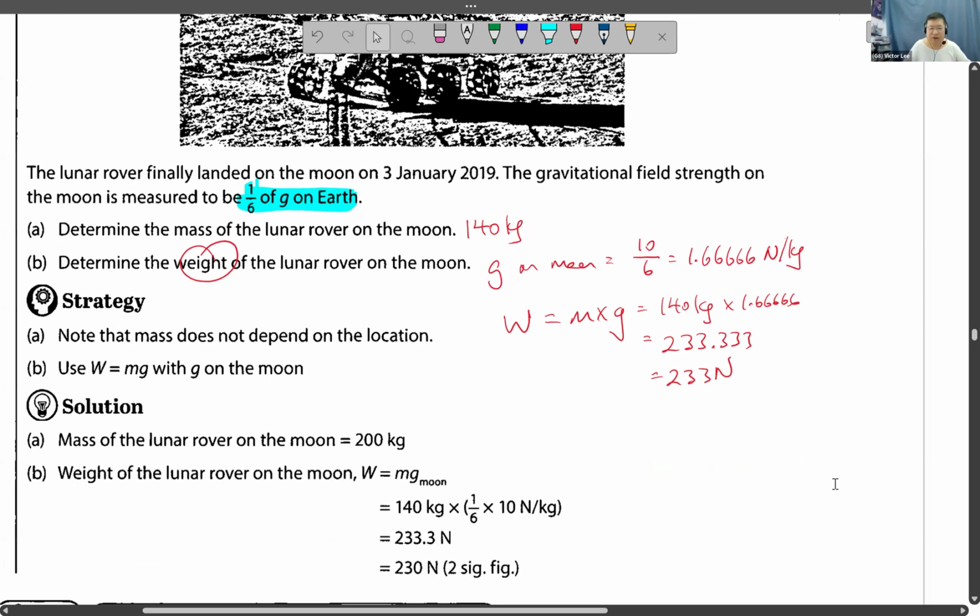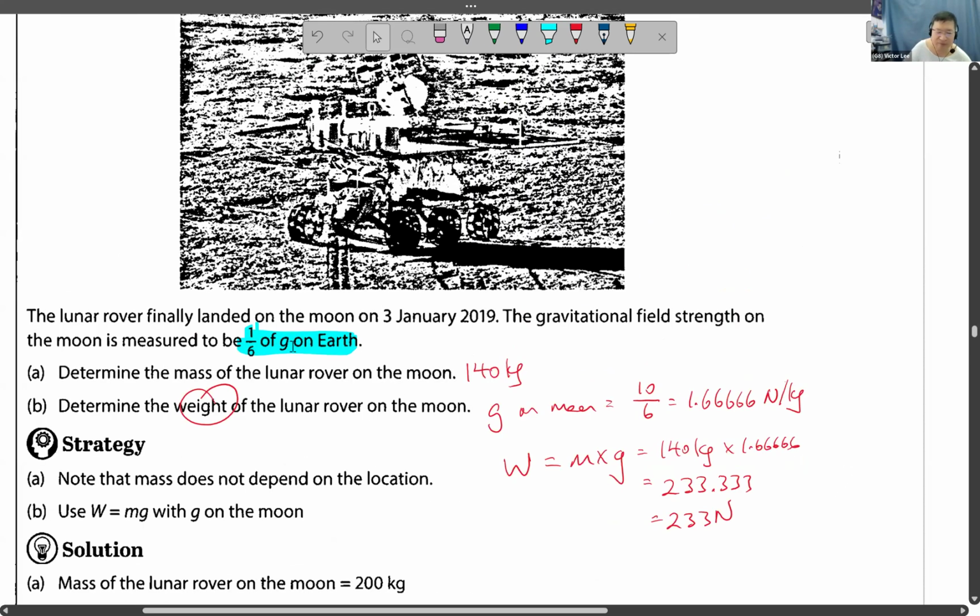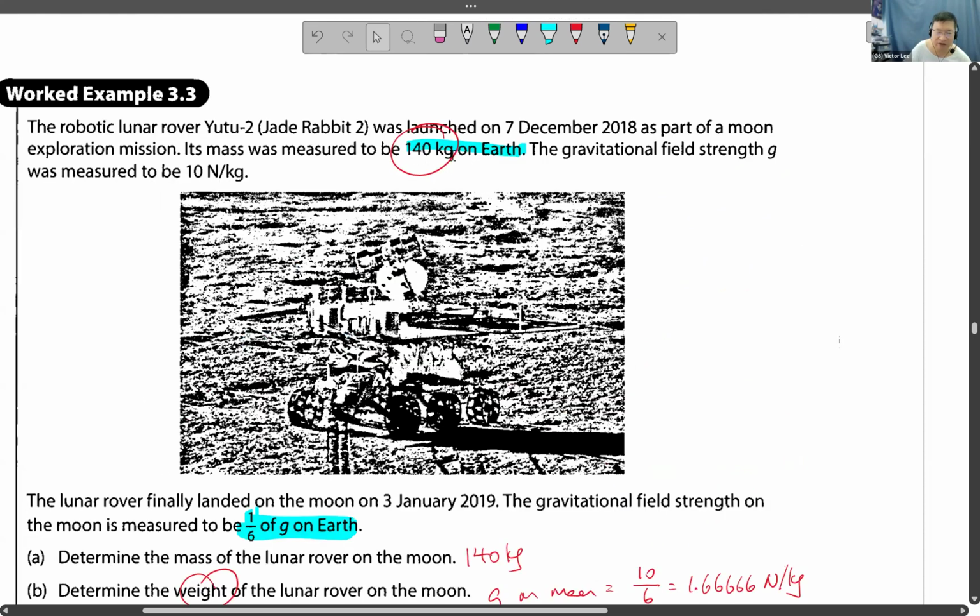Now I want you to look at all the values given. The value given down here is 140 kg. How many SF is this? SF, significant figures. The 0 at the back, do you need to count? No, right? So this is 2 SF.